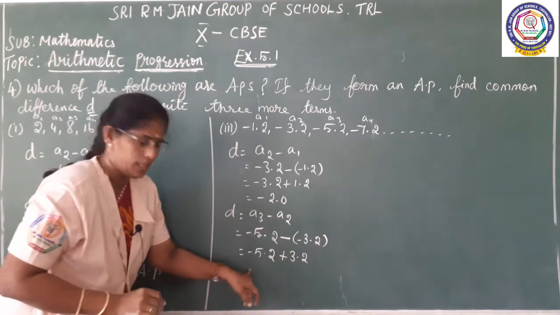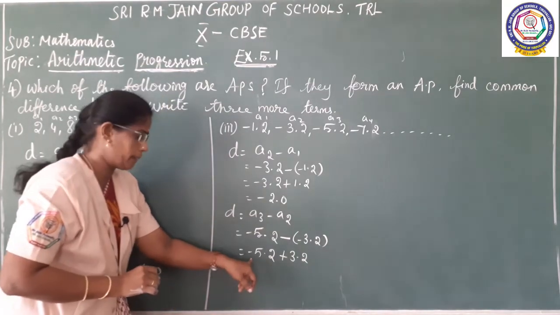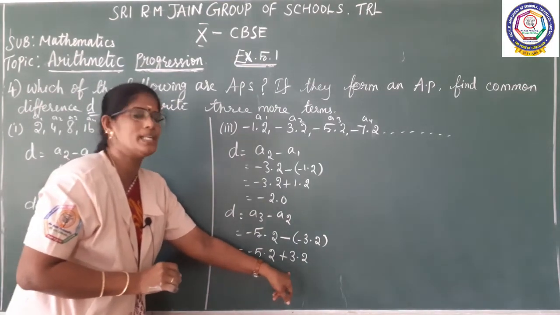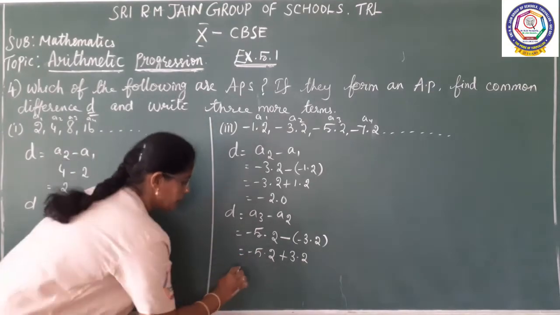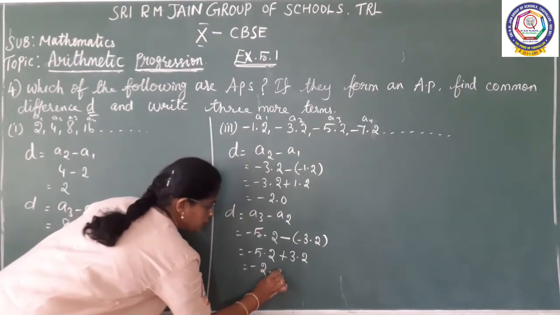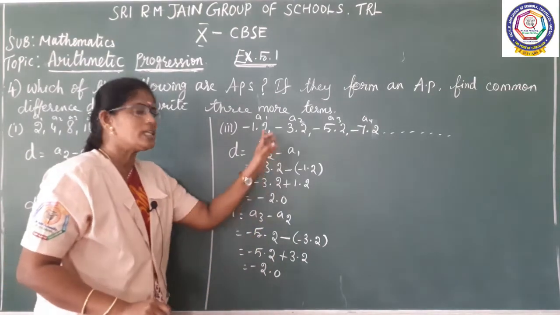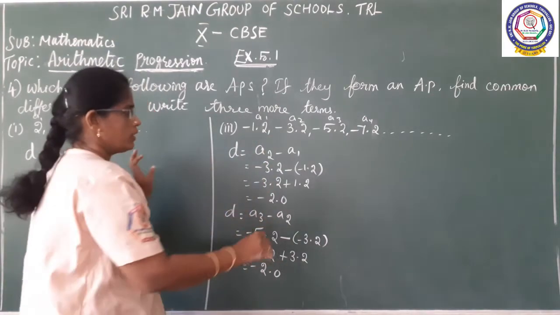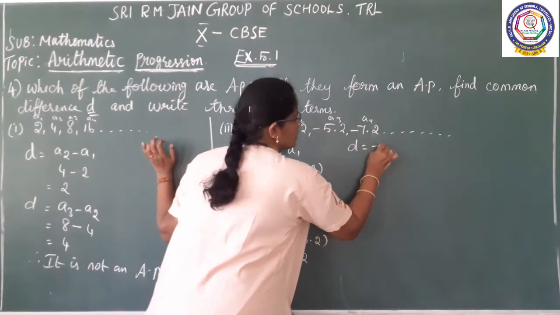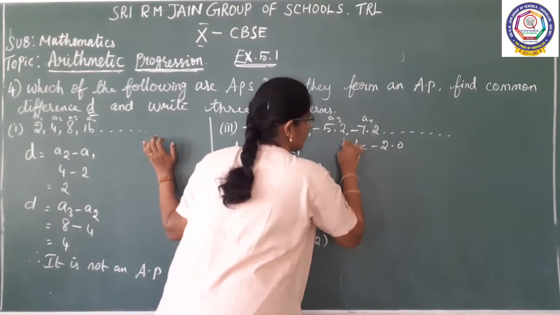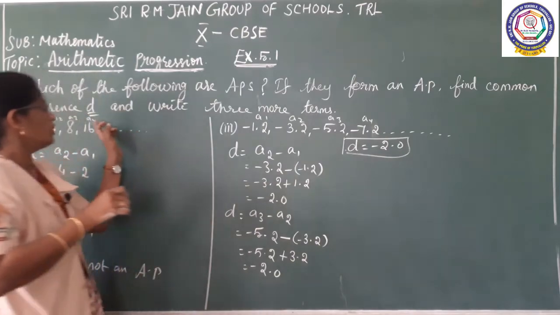Here also there are alternate signs, we have to subtract. Minus 5.2 plus 3.2. So if you are subtracting, minus 2.0. Now you check, both common differences are equal. So it forms an AP. So what is the difference we got? Common difference minus 2.0.